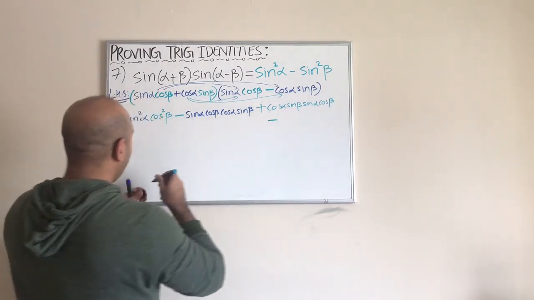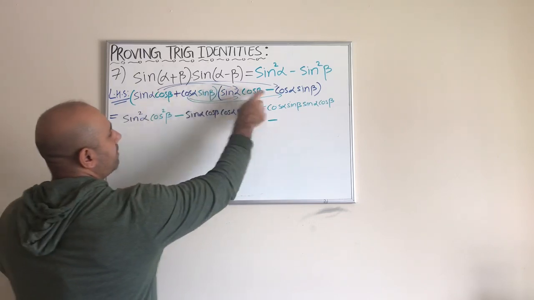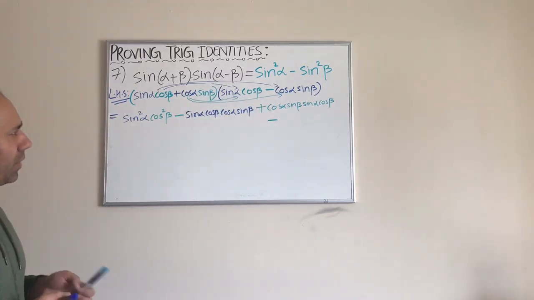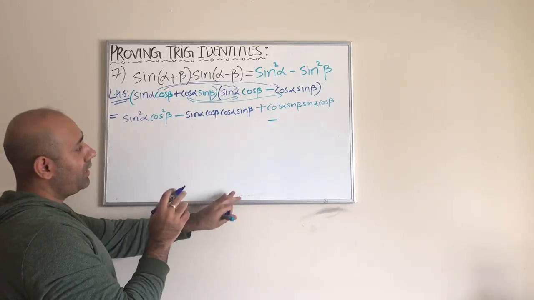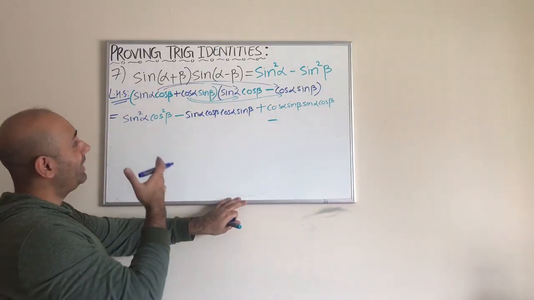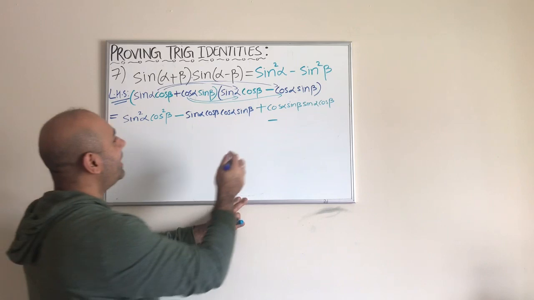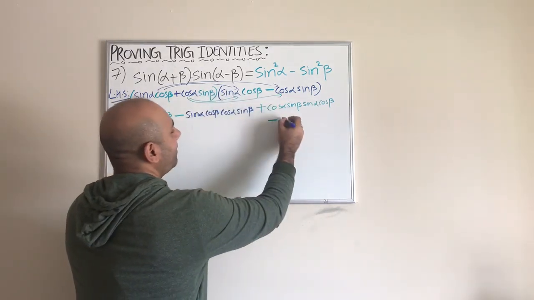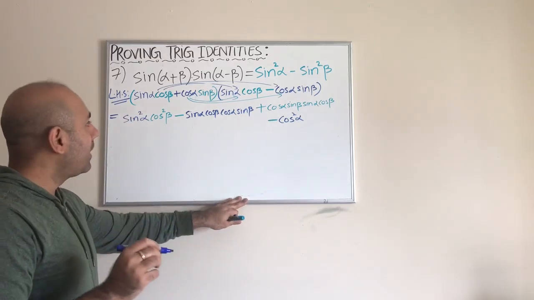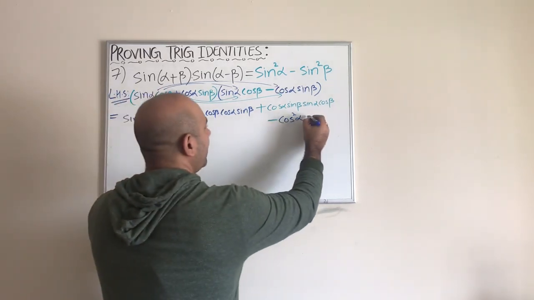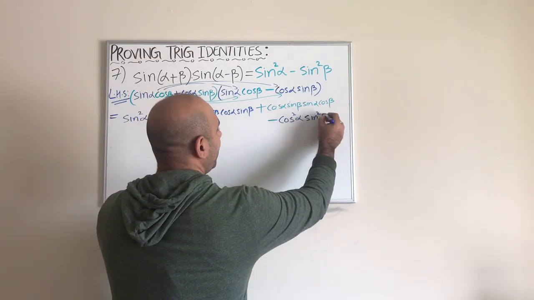Let me write it over here. This is a plus, this is a minus, so I'm going to be left with a minus there. Guys, I'm trying to do everything carefully, and that's what you have to do when you are doing something which is a little more work. I have cosine alpha times cosine alpha. It's not too difficult, but you have to write the steps carefully. Okay, sine beta times sine beta is sine squared beta.